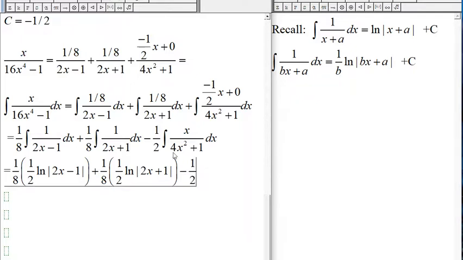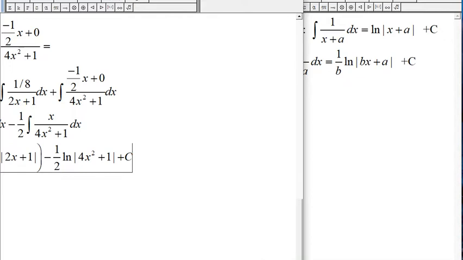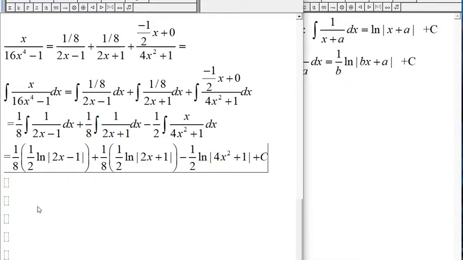And then this integral right here, if we use u substitution method, let u be 4x squared plus 1, and this would come out to be ln of 4x squared plus 1, and then plus c. And this is the final answer.